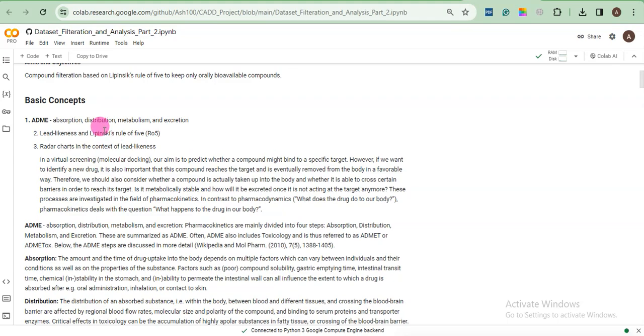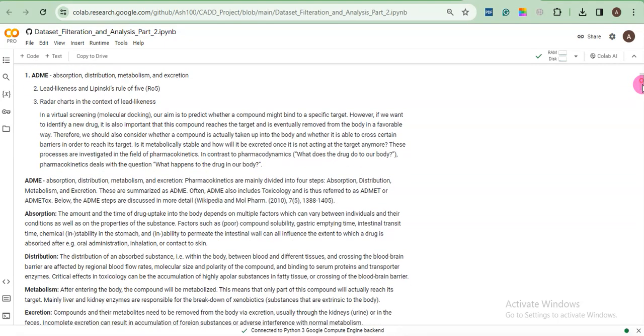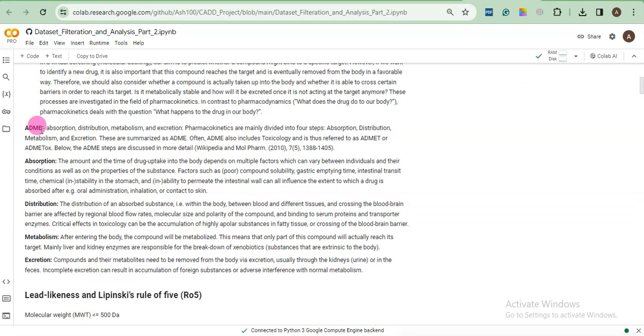What is ADME? It stands for absorption, distribution, metabolism and excretion. About the ADME, you can read here what these four words mean. Absorption: frankly speaking, once a patient takes a drug, it should be absorbable.